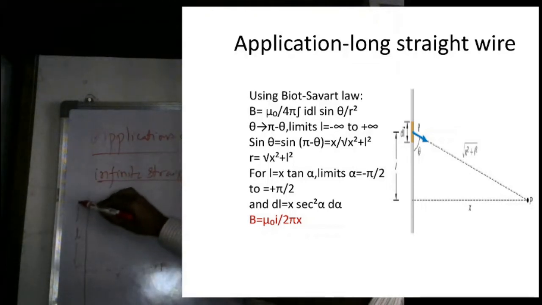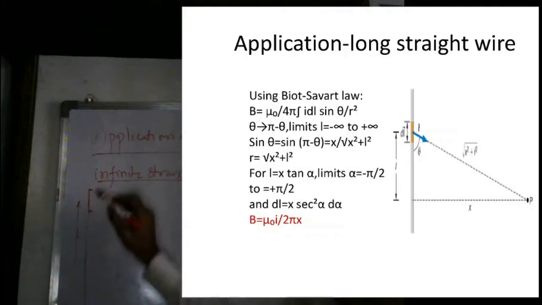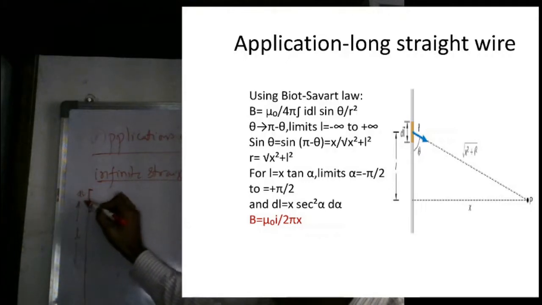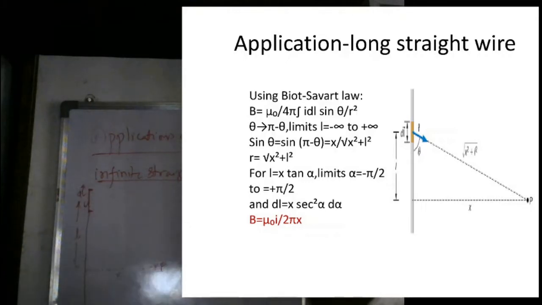Here you are taking dl part of this conductor, an infinitesimal element of the conductor.